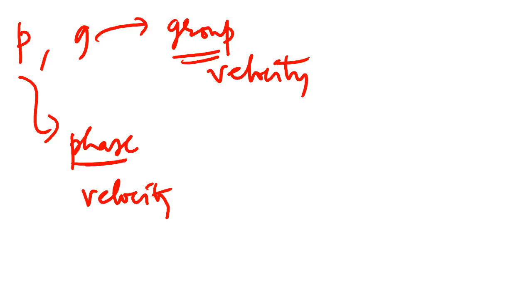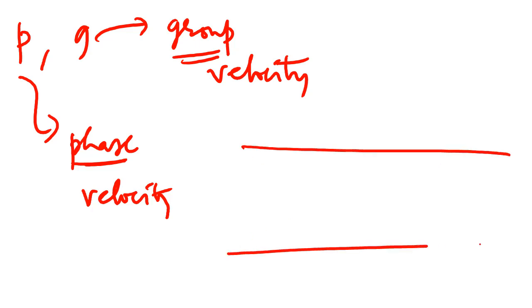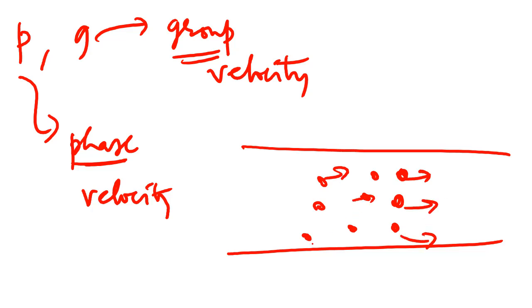To understand this in a very physical way, imagine that there are several people running a marathon. If I represent each person running the marathon as a dot, each person is running with their own velocity, but as a group they're moving together.